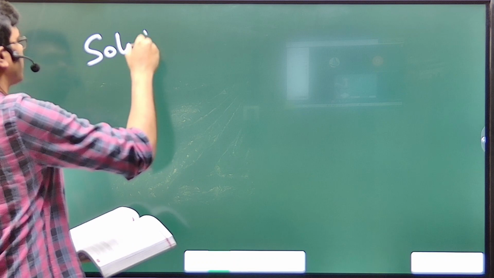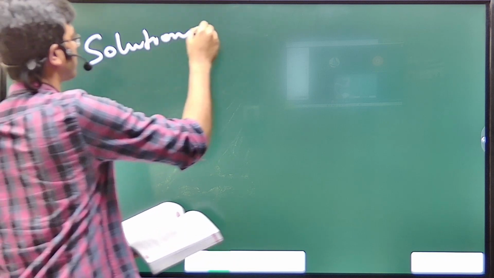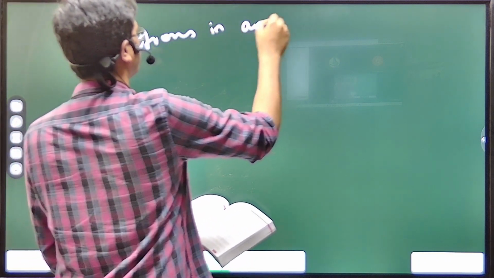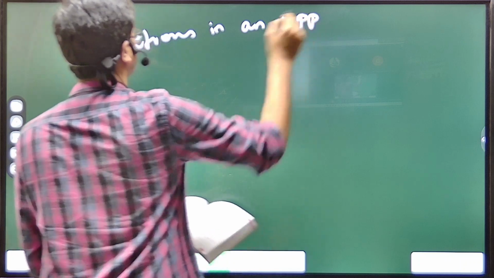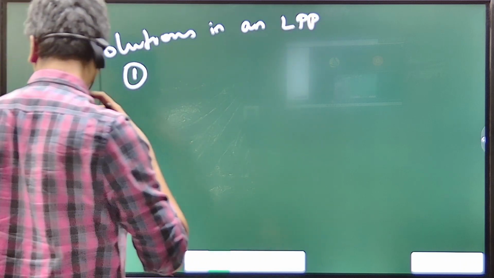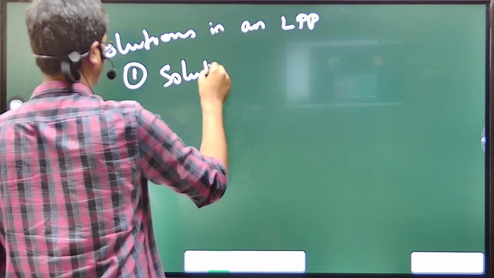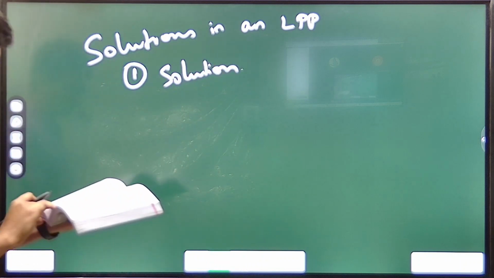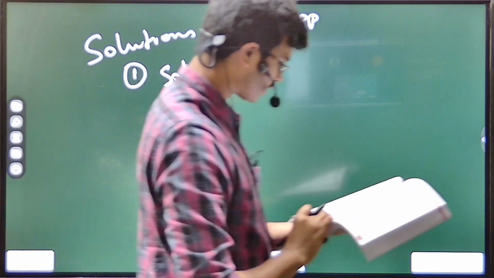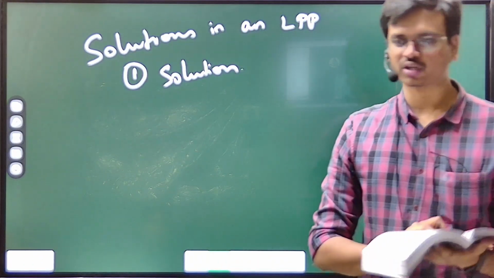Now let us see the types of solutions in an LPP. First is a solution that satisfies your constraints.